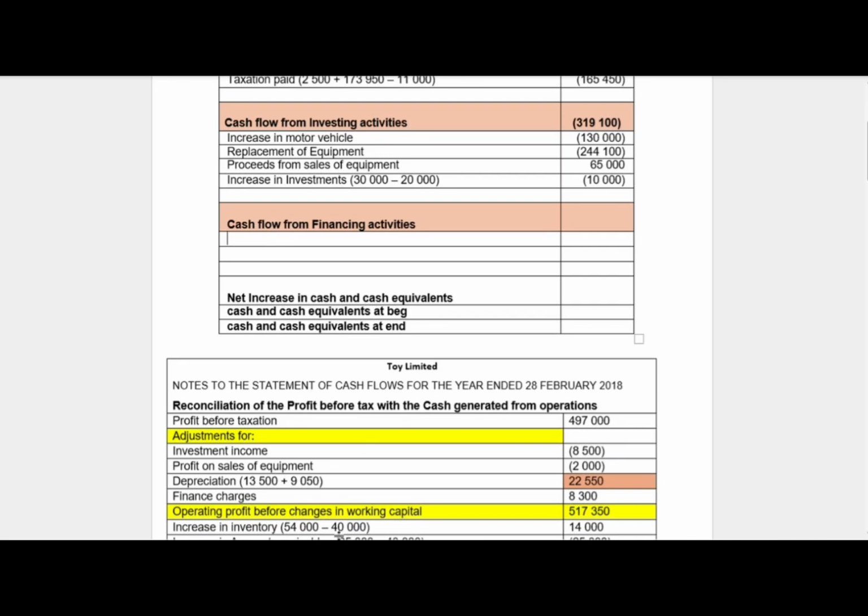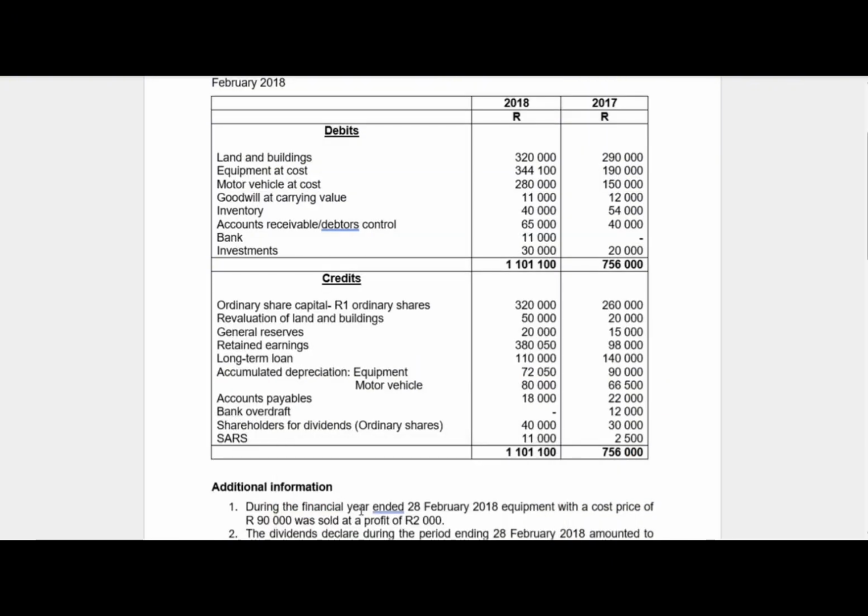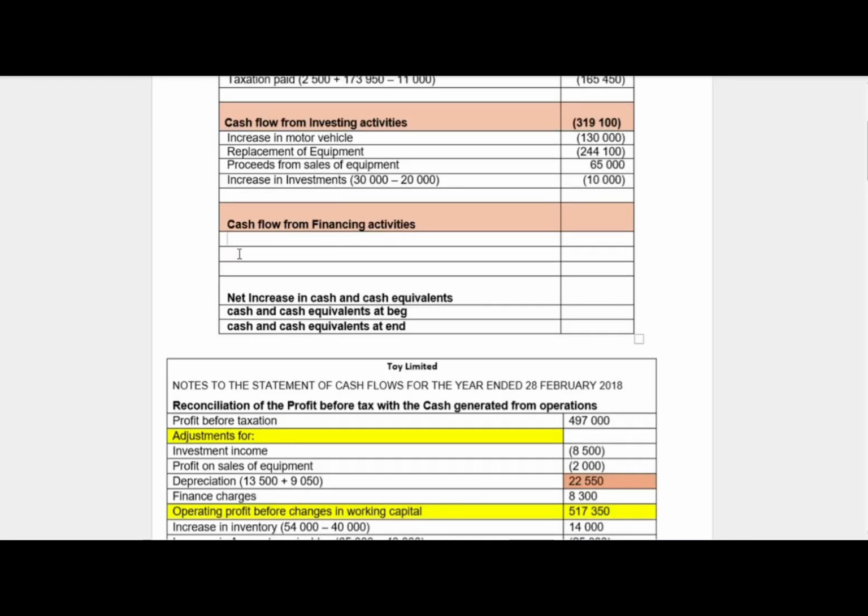Let's go and check the shares right there. You've got ordinary share capital, 1 rand ordinary shares, and there's an increase from 260,000 to 320,000. So they have issued shares here, right? So you go to your answer sheet under cash flow, you say proceeds from issue of shares.